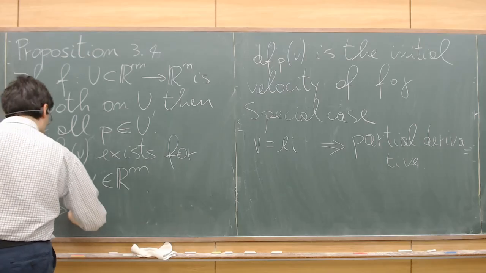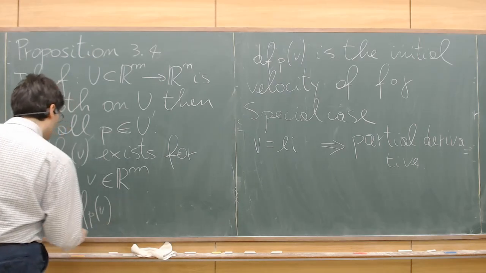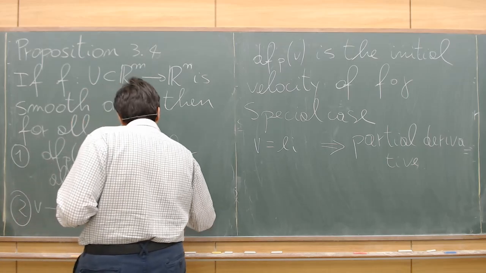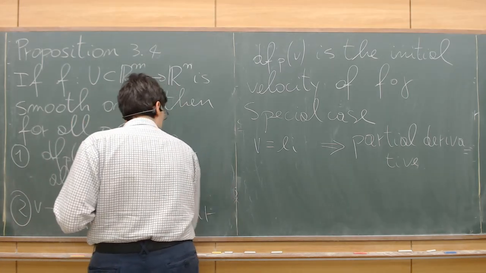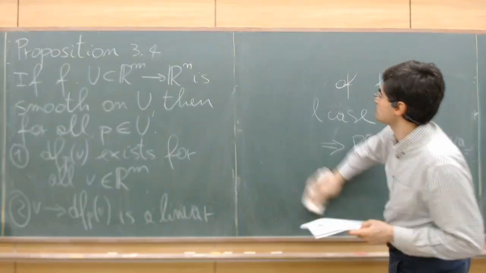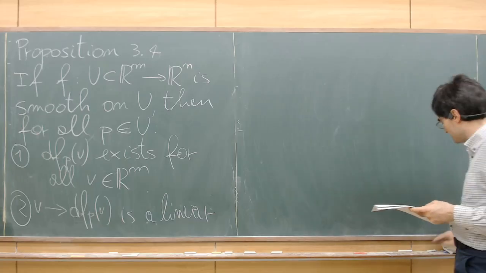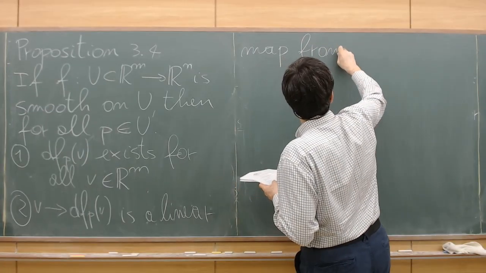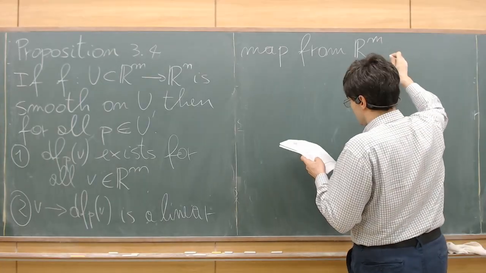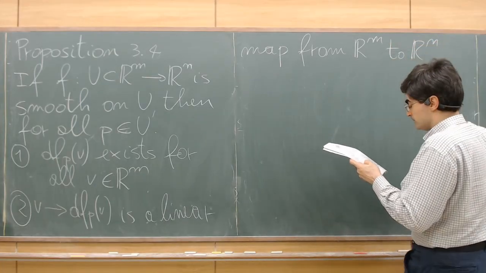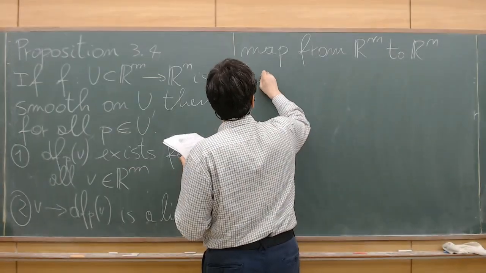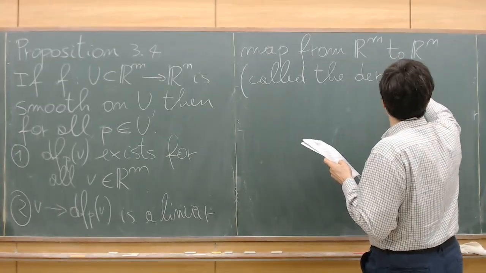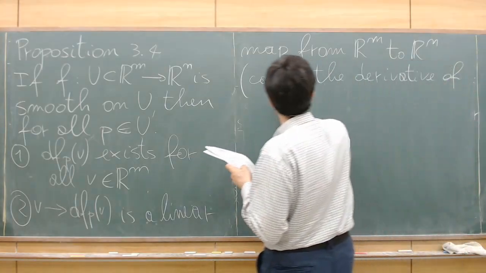The map which associates to v the directional derivative of F in the direction v is a linear map from R^m into R^n, which is called the derivative of F at P.